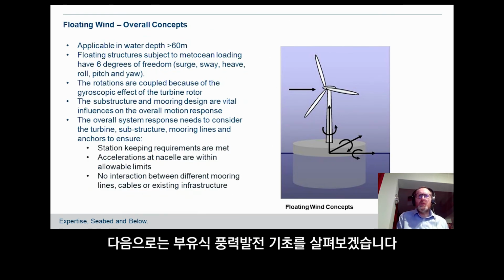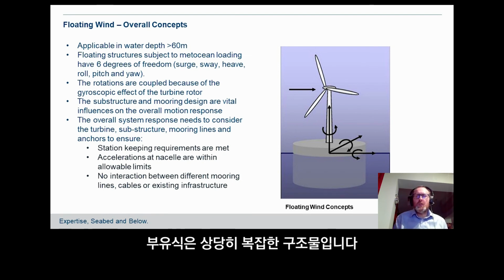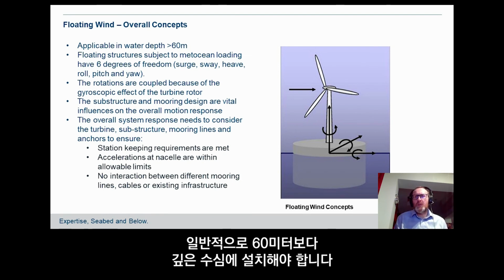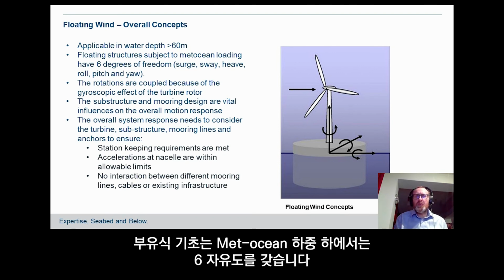Okay, moving on to floating wind concepts. These are quite complex structures, usually requiring water depth of greater than 60 meters. They've got 6 degrees of freedom when subject to metocean loading.